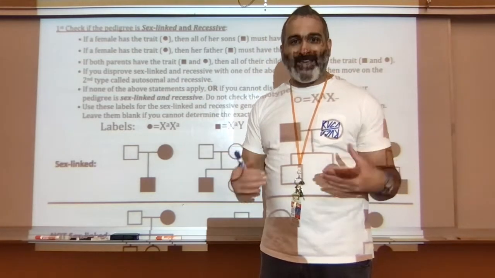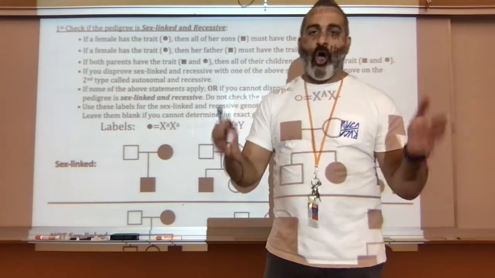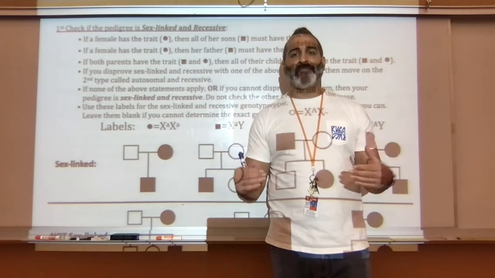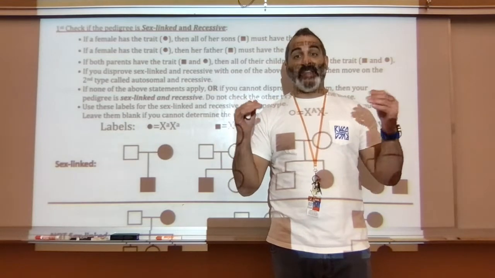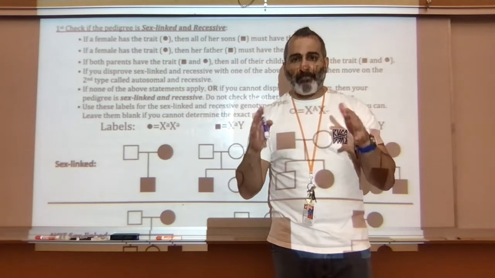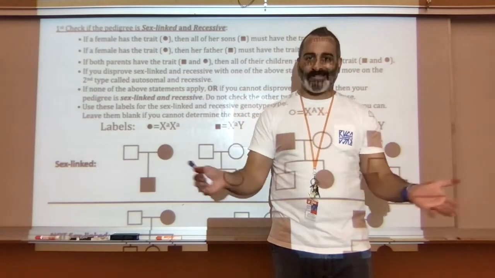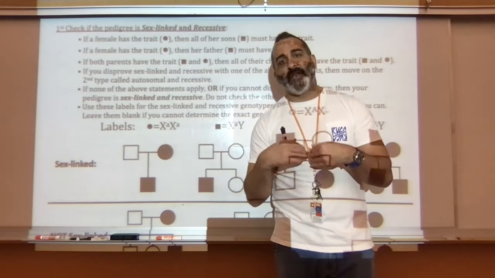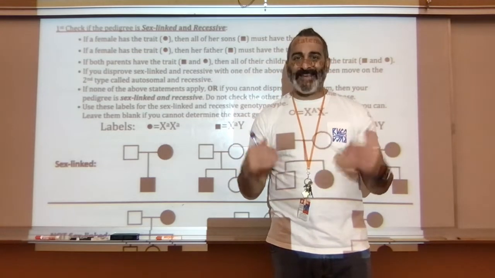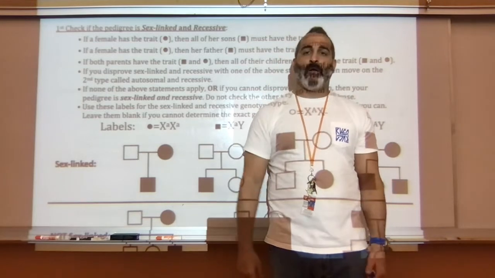You need to look at sex-linked first. On every pedigree that you analyze, you have to prove that it is not sex-linked. If you cannot prove that it is not sex-linked, then guess what? Then the pedigree is sex-linked. So the goal is to disprove number 1, and number 1 is sex-linked.